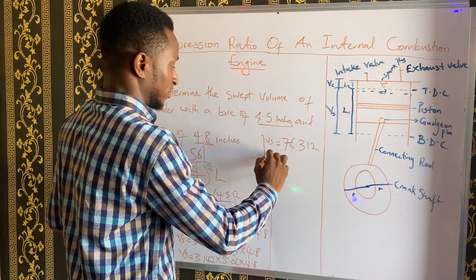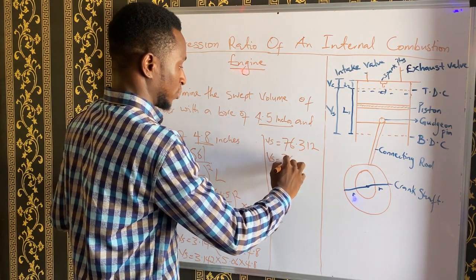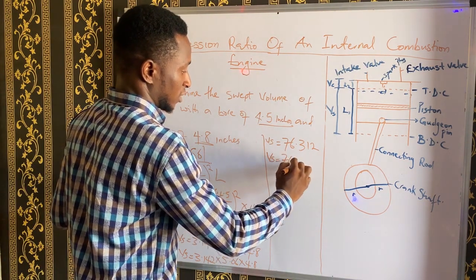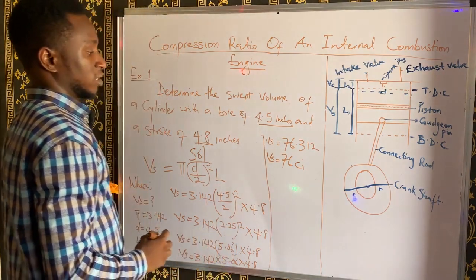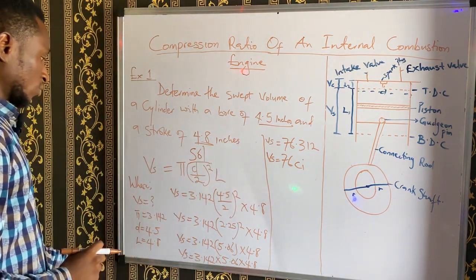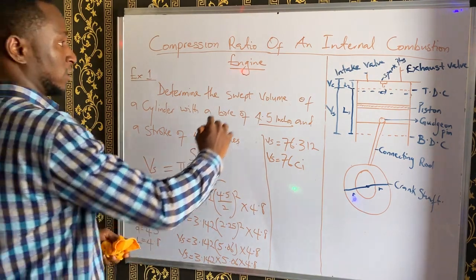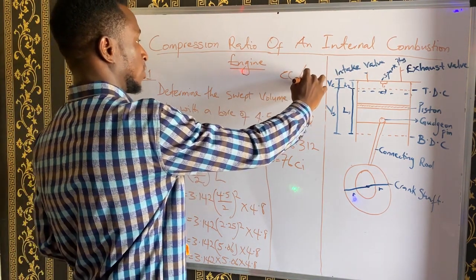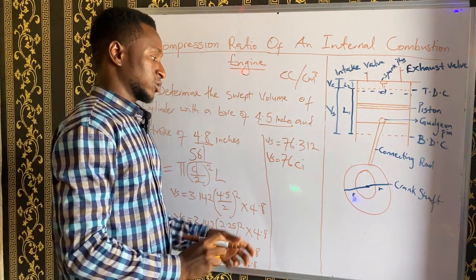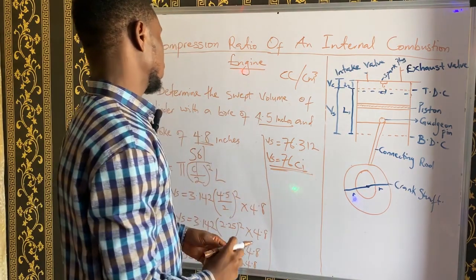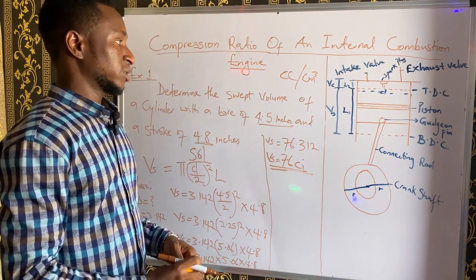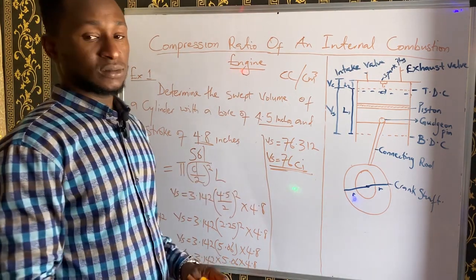So we'll have Vs equals 76 cubic inches. Normally it's meant to be cubic centimeters, but since we have cubic inches, we leave it as cubic inches because the question didn't ask us to convert to cubic centimeters.